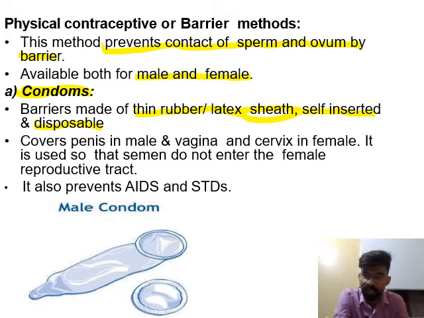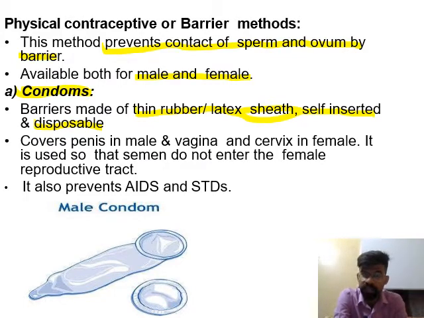A condom mainly covers the genitalia of male and female. It covers the penis in the male, or if it is a female condom, it covers the female reproductive area, that is the vagina and cervix.